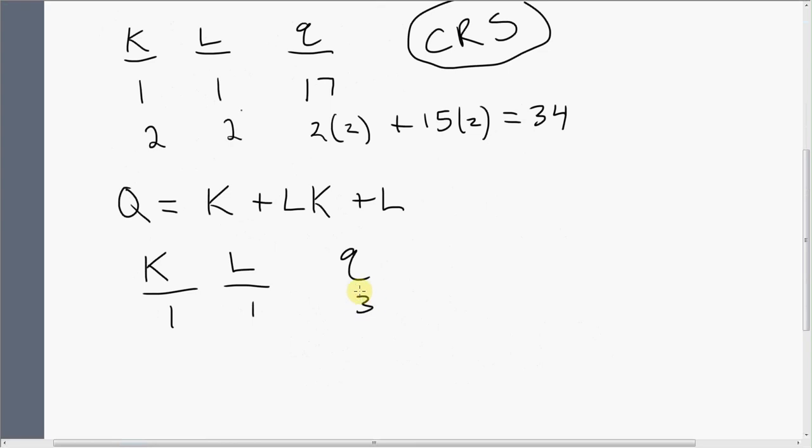We're going to get 3 units of output. Plugging 2 and 2 into this production function, we're going to get 8 units of output. 2 plus 2 times 2 is 4 plus 2, that would give us 8. So here we got increasing returns to scale. By doubling all the firm's inputs, output more than doubles. Let's do another example.